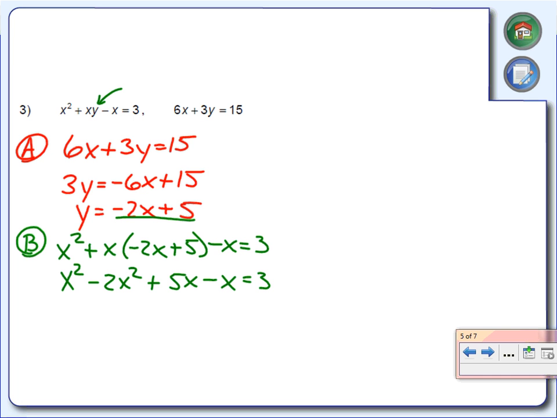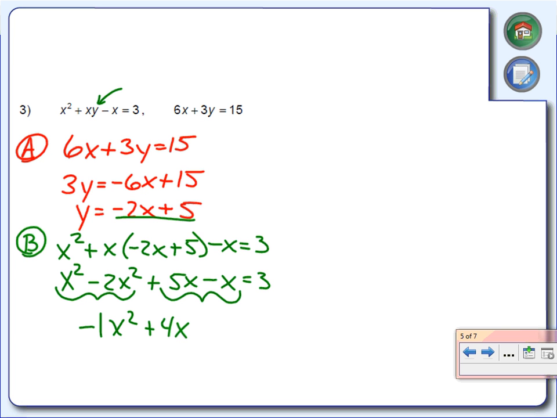So I'm going to start right here. These are like terms. I'm going to combine 1x squared minus 2x squared would give me a negative 1x squared. Notice how these are also like terms, so I'm going to put those together as well. 5x's minus 1x would give me a 4x.